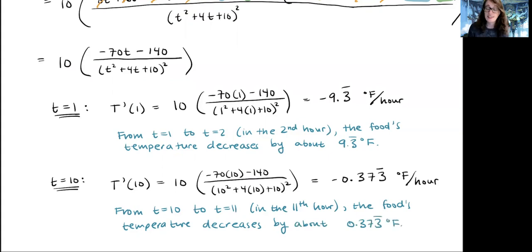Again, which makes sense. It's still negative, it's still losing temperature, it's still getting colder, but it's not getting colder as quickly because it's been in the refrigerator for longer.